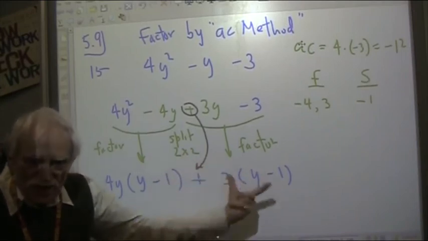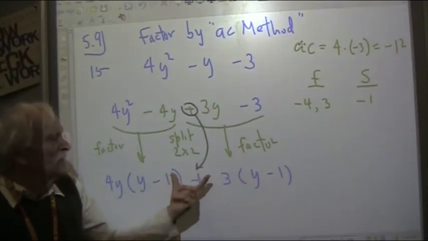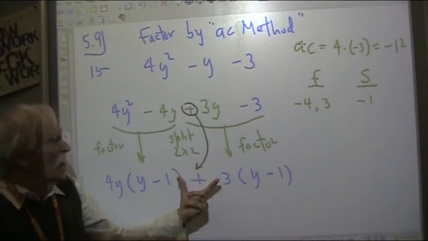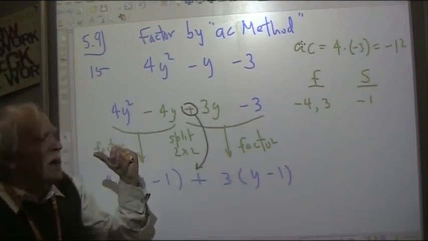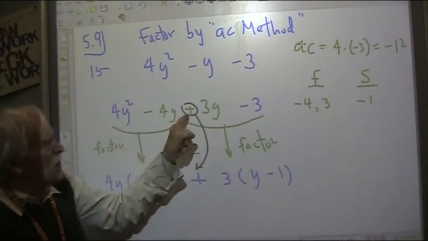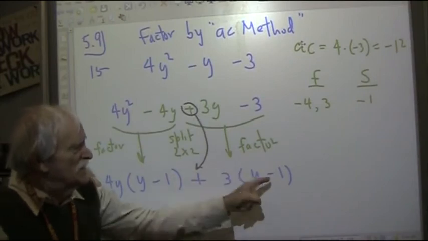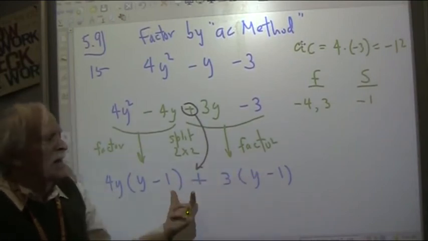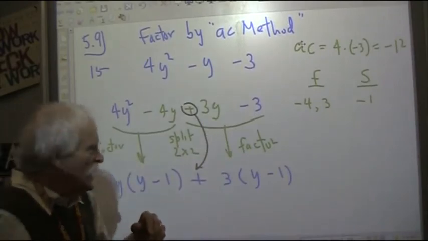So in doing our checking, we have to make sure that we take the sign in front with the number itself. All right? So plus 3 times y is what? Positive 3y. And plus 3 times negative 1 is what? Negative 3. And we check. We're in business.